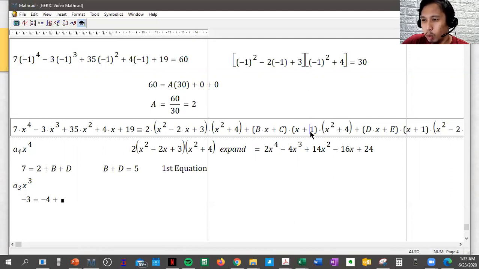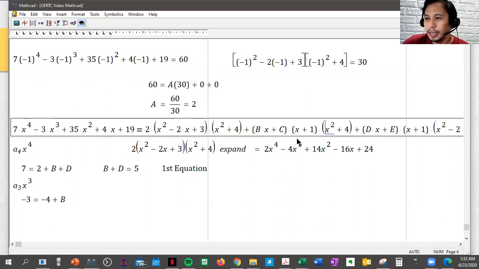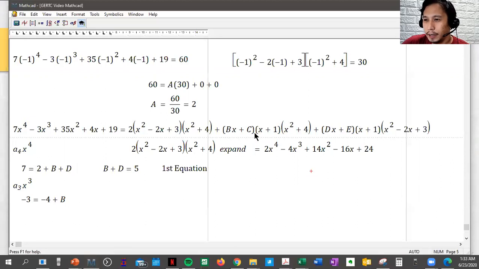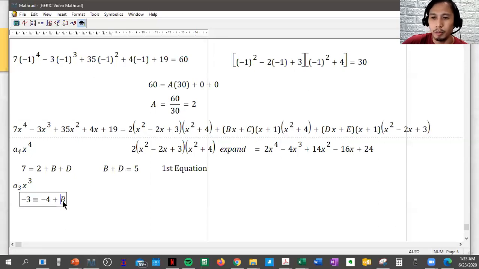Bx times 1 times x squared. That's bx cubed. So, there is b dito. Okay? Then next, yan lang ba? O maybe meron pa. Ito, c times x squared. That is cubic. No? So, that is cx cubed. So, meron pa itong plus c. Okay? We're not yet done.